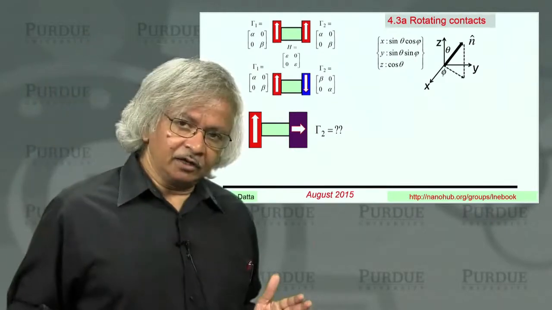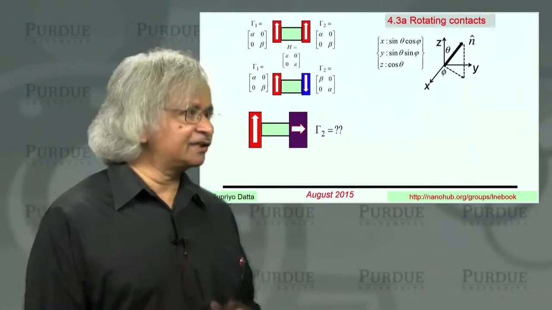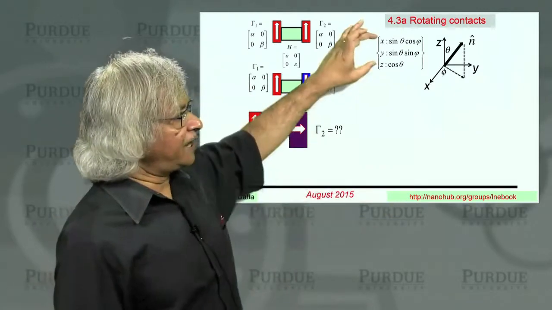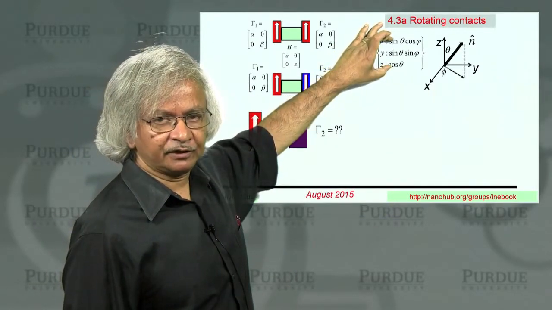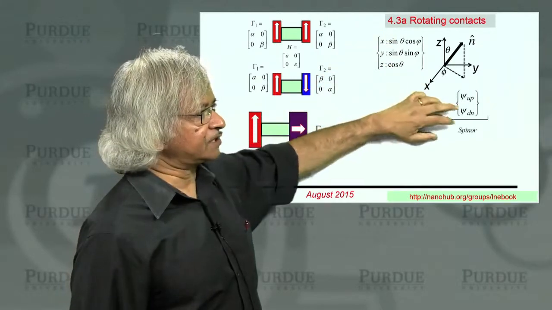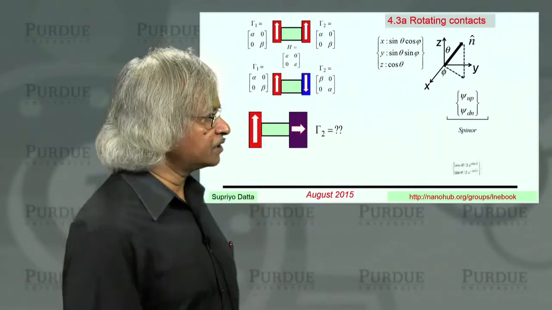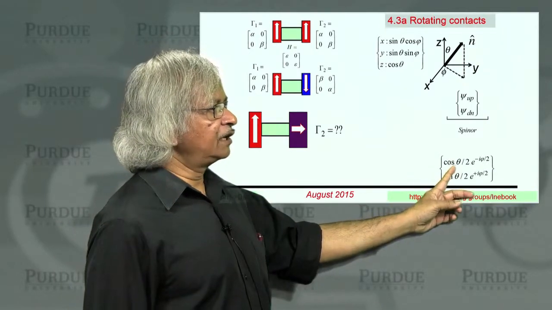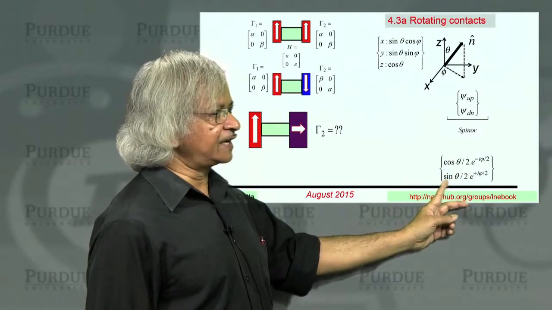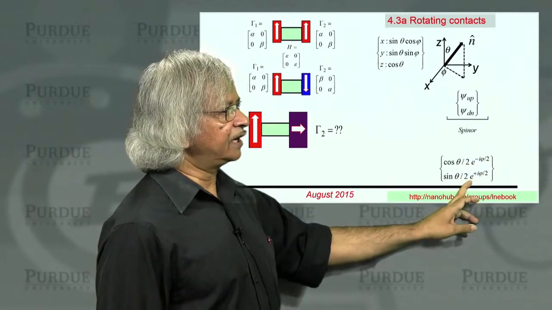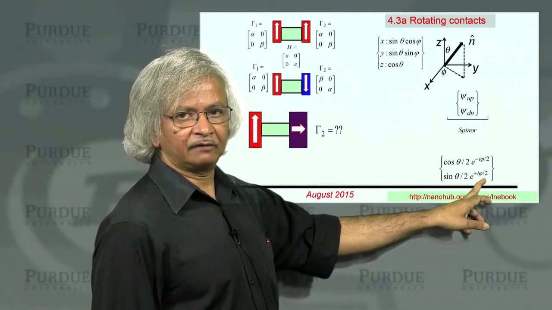But if it's a spinor, you visualize it the same way, as pointing in some direction, but you do not write 3 real components for it. You write 2 complex components, an up component and a down component. And what are these components? Well, the components are cosine half theta, and sine half theta times exponential of plus i phi over 2, with the up component carrying exponential of minus i phi over 2.